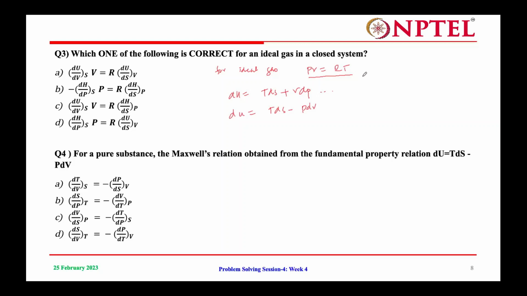Taking the partial derivative dH by dP at constant entropy, which is equal to V. And dU by dS at constant volume, right?